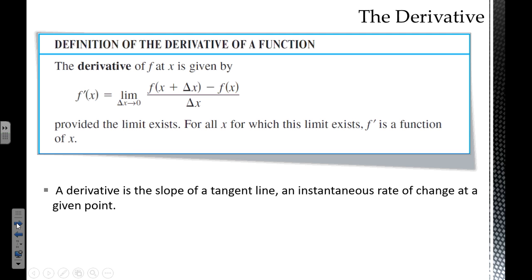So when you read one of those three things, you need to understand that it means the other two. If you read derivative, slope of the tangent line, instantaneous rate of change, slope of the tangent line. Okay? You read slope of the tangent line, I need the derivative. Okay? Those you need to be able to interchange and understand their meaning.